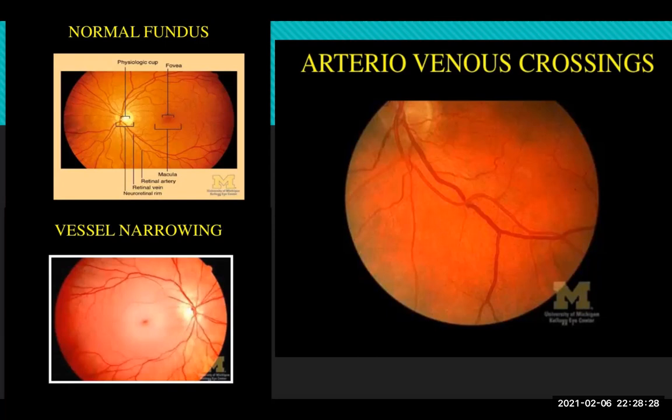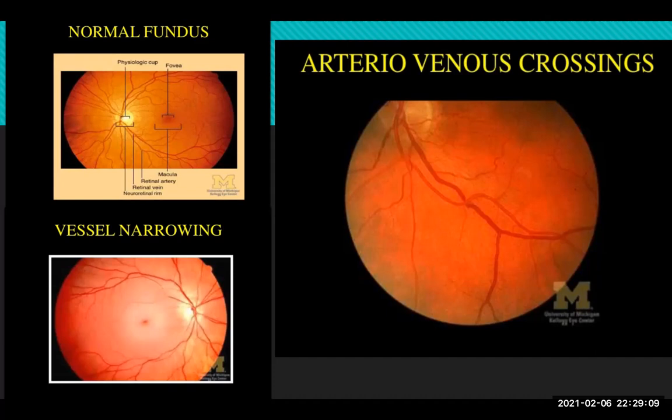If you compare the lower photo with the upper one, you will find that the veins and the arteries in the upper photo are equal in diameter and caliber, but down here the vein is still keeping its lumen or caliber, while the arteries in the lower photo became narrower and thinner.